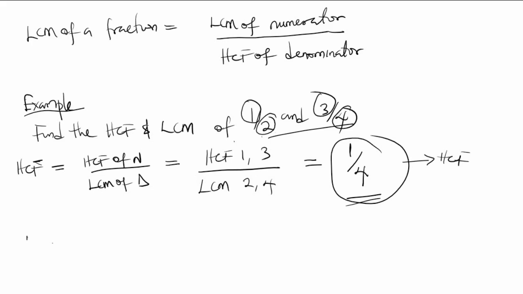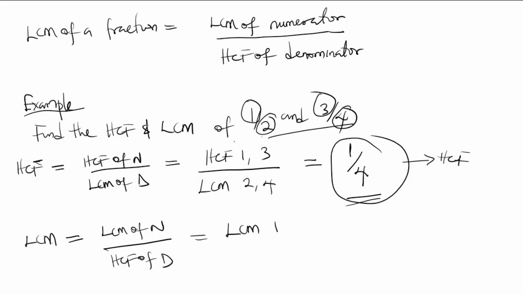That is the HCF. Now we'll find the LCM. The LCM from the formula of the fraction is LCM of numerator over HCF of denominator, which is the LCM of 1 and 3 over the HCF of 2 and 4.